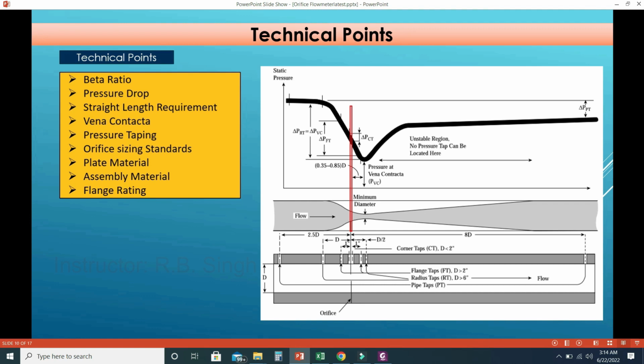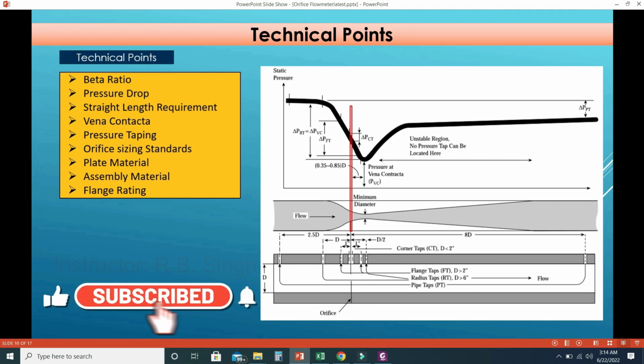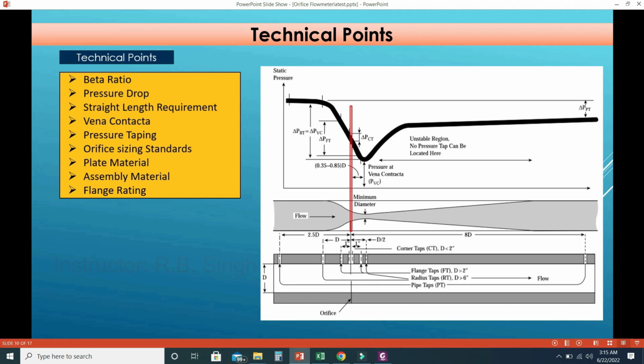The main reason for considering a higher category of material is the corrosion rate in the process media. So generally we do not prefer the orifice plate in corrosive media. We can go with different types of flow meter that have higher accuracy compared to the orifice meter. For some special cases we can also use a higher grade of material, but in general we use stainless steel 316 or 316L.